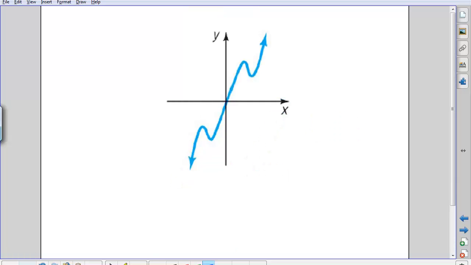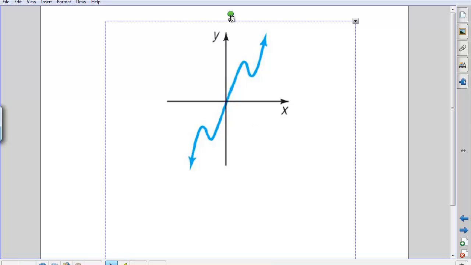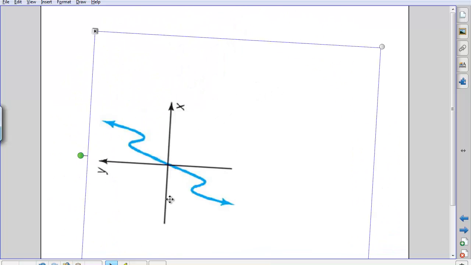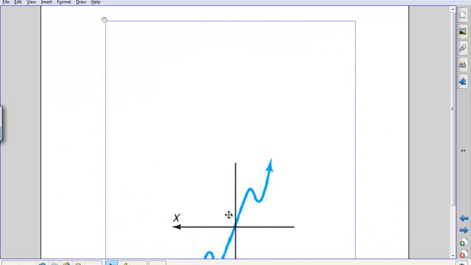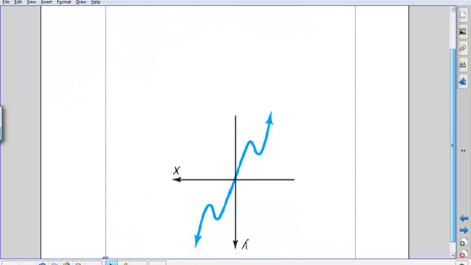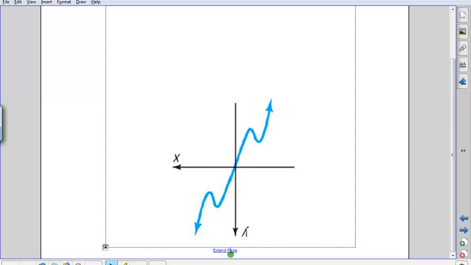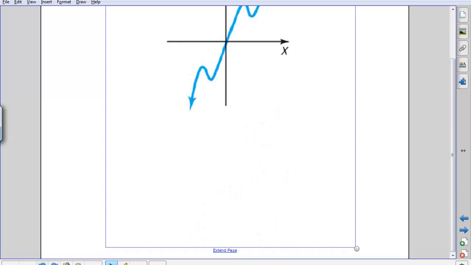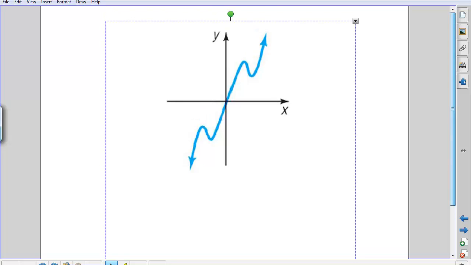And then lastly, this graph, if you'll notice, I can actually take it, and if I rotate it a half turn, isn't that the picture I just had? Compare that to this right here. So that is a rotational symmetry.